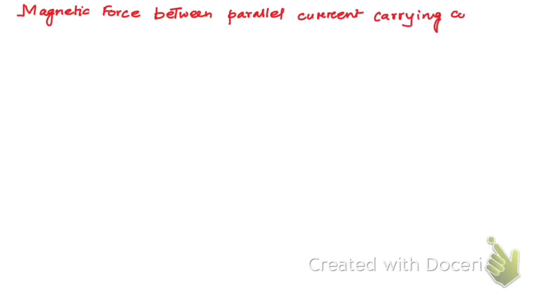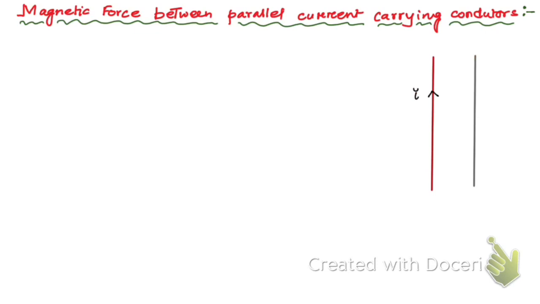So, magnetic force between two parallel conductors carrying current. Now let us consider two wires, W1 and W2.